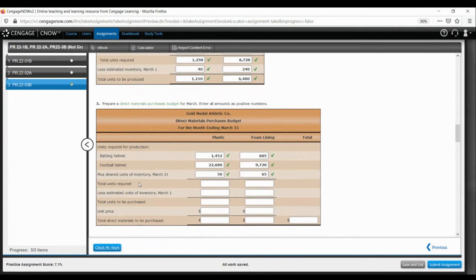Your total units that are required are going to be for your batting helmets, your football helmets, and your ending inventory. You're going to combine all three of these together to get the total units that are required.